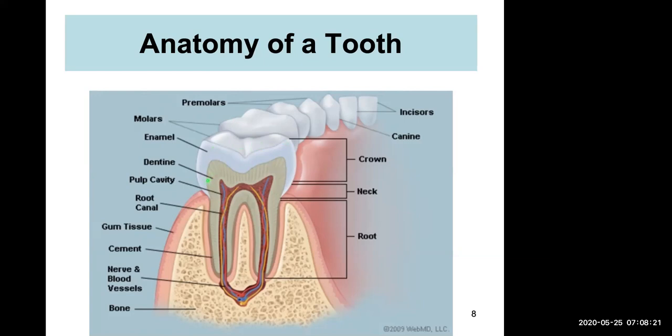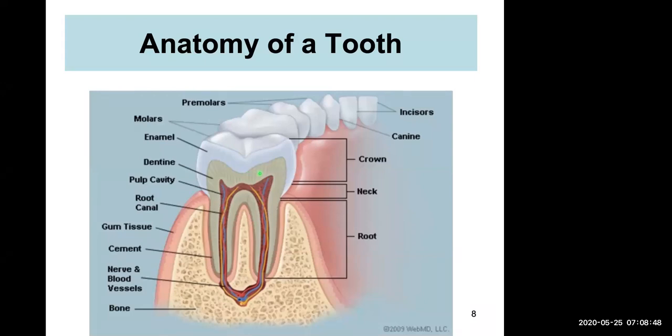Below that, you have your dentin or dentine, and this is calcified tissue which has nerve endings. It's got thousands of nerve endings, and it is extremely sensitive. If you ever have a situation where the tooth has broken, you've broken the crown, that exposes the dentin to the environment.